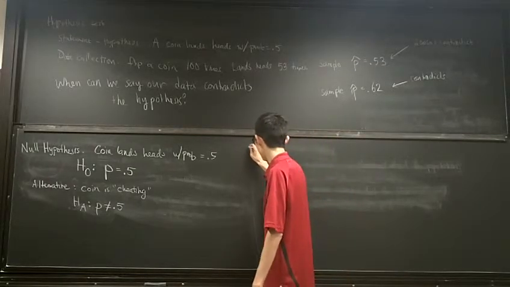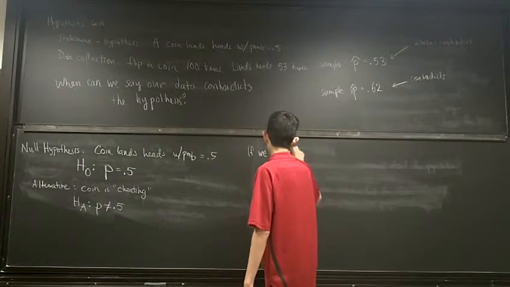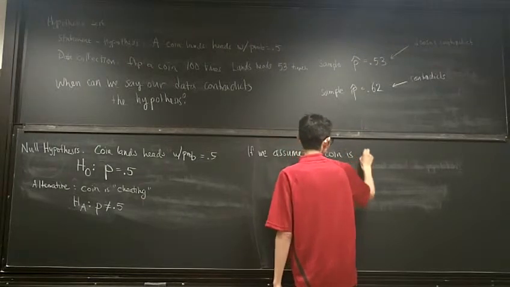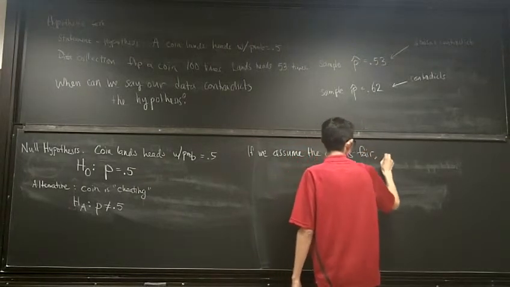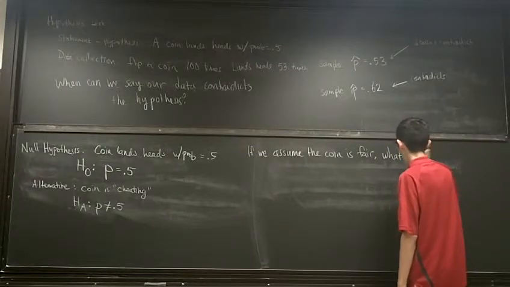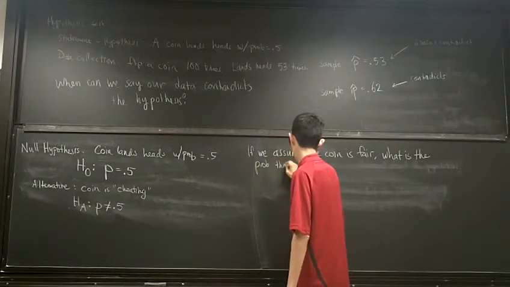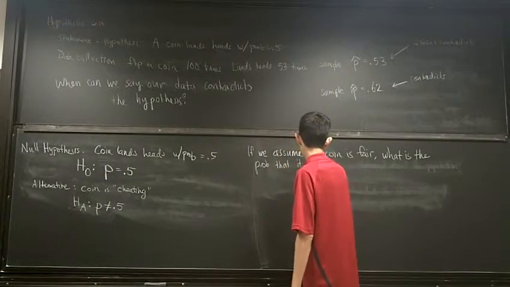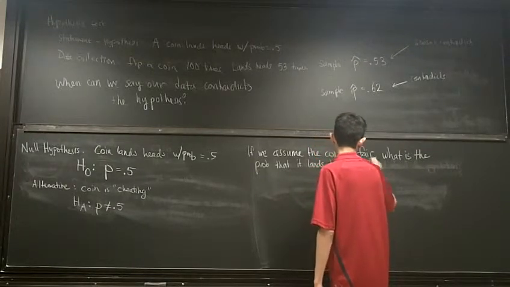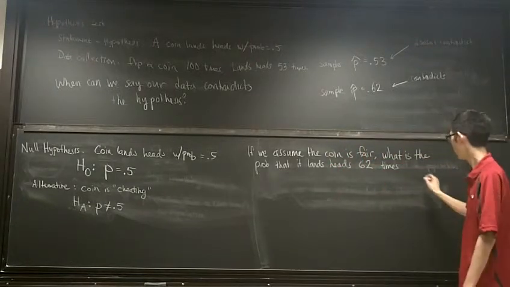Okay, so if we assume the coin is fair, what is the probability that it lands heads 62 times, or more, really?